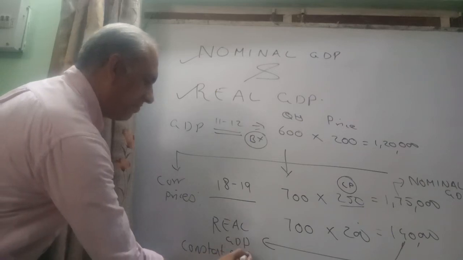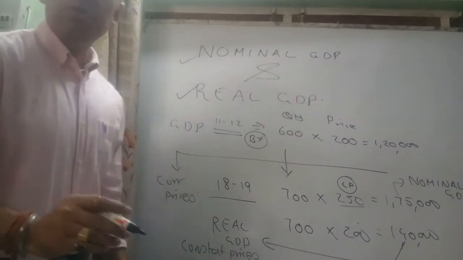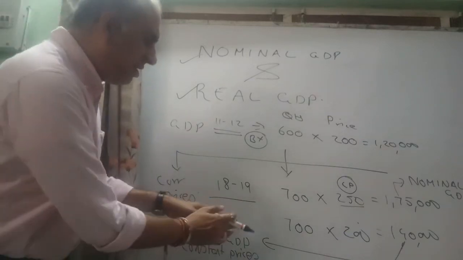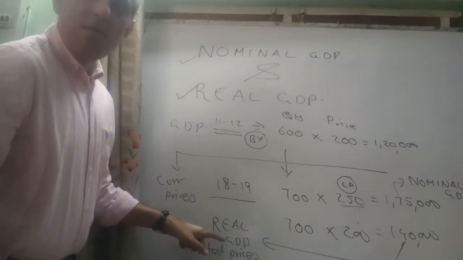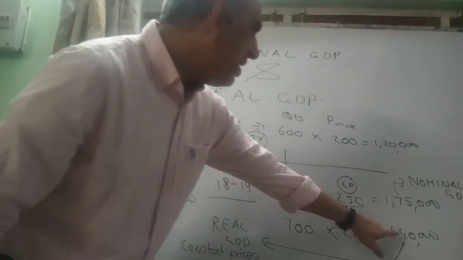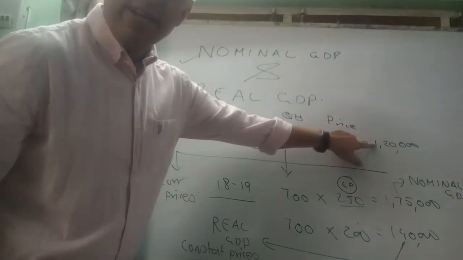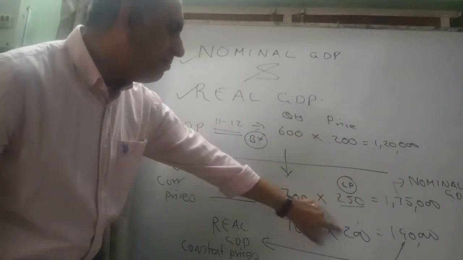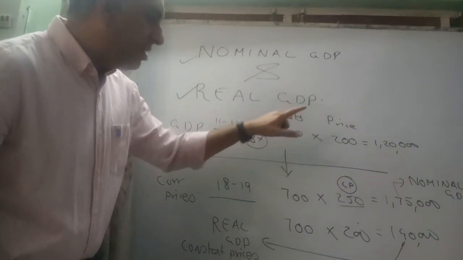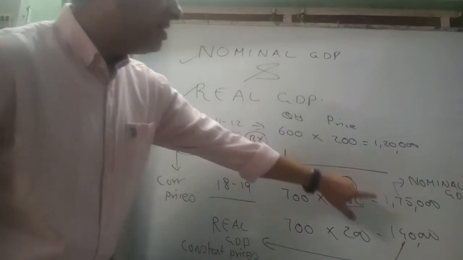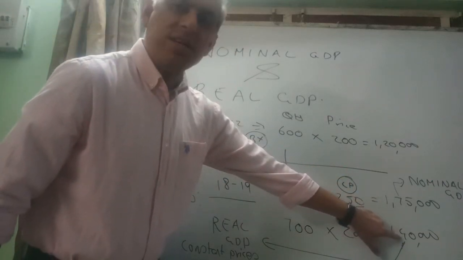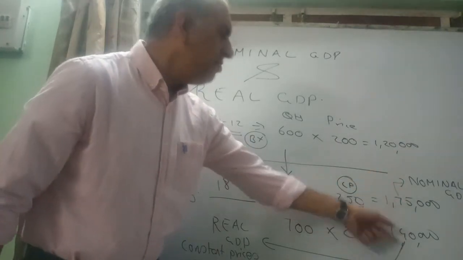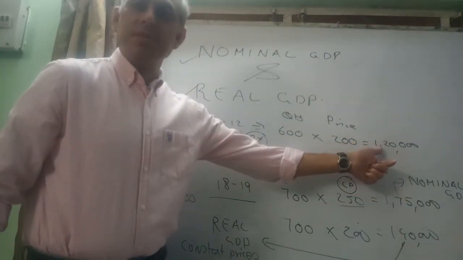Now, which one of the two is better? My vote will always go for real GDP. Why? Because 1,40,000 is definitely now better than 1,20,000, because the prices have remained 200 in both the comparative values. It's only because of the quantities that rupees 1,40,000 is a better value when compared with 1,20,000.